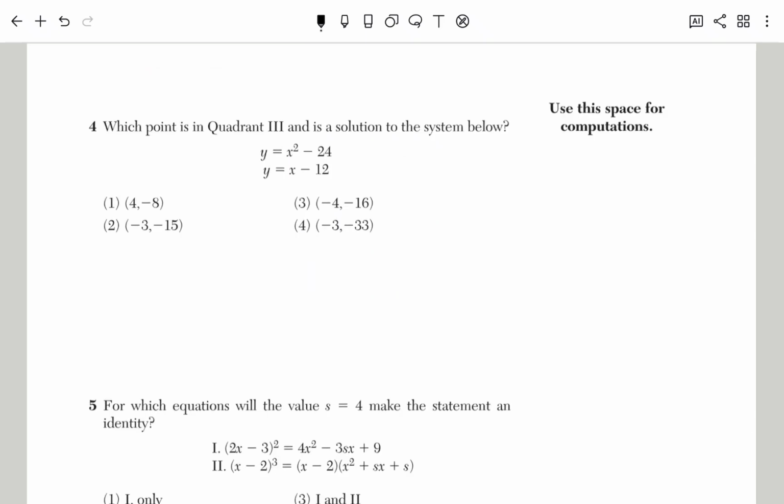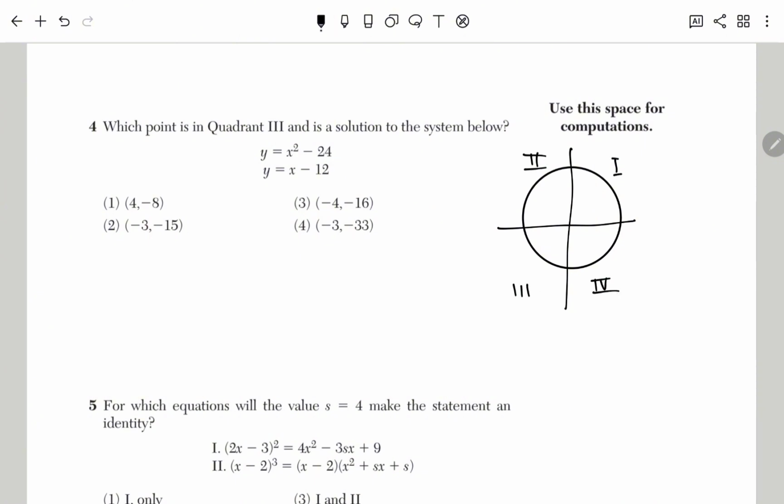Question number 4. Which point is in quadrant 3 and is a solution to the system below? So what we're going to do is, let's remember quadrant number 3. So here's quadrant 1, 2, 3, and 4. Quadrant 1 is positive, positive.